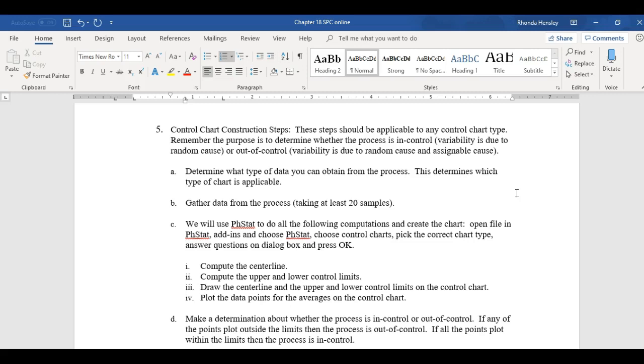You can't get measurement data from that. So you're stuck with a P chart, an NP chart, or a C chart if you do that. There are many more charts than the ones we're going to look at, but these are the ones we'll look at. Once you decide what kind of chart you're dealing with, you have to gather data from your process.